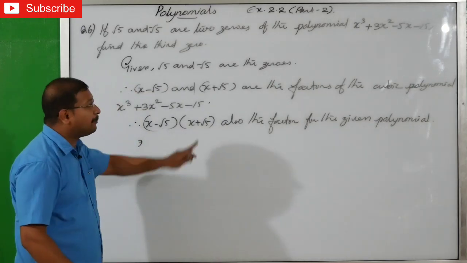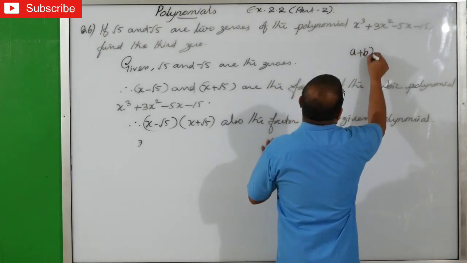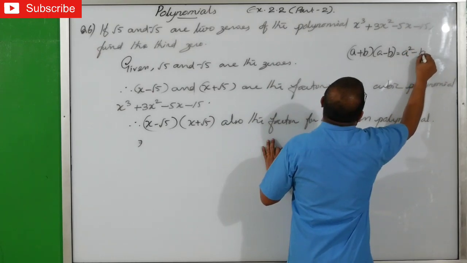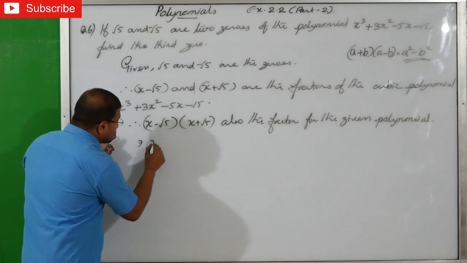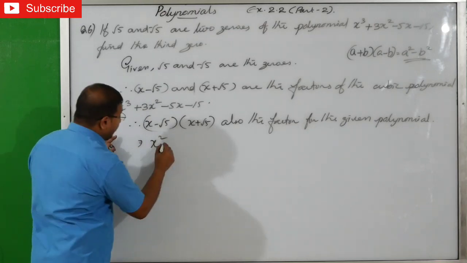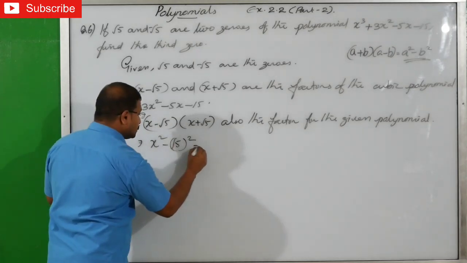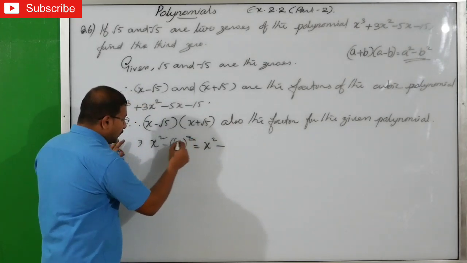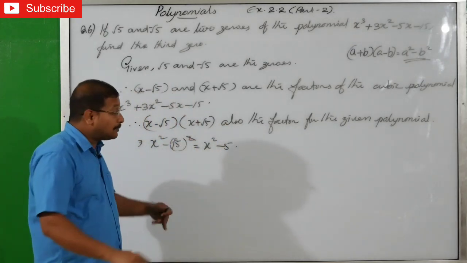So a minus b into a plus b. See? A plus b into a minus b equals a square minus b square. This formula. That means what you will do here? X square, that is a square minus b is root 5 the whole square. This equals what you will do? X square minus square and root will cancel, will get 5. Is also the factor, isn't it?